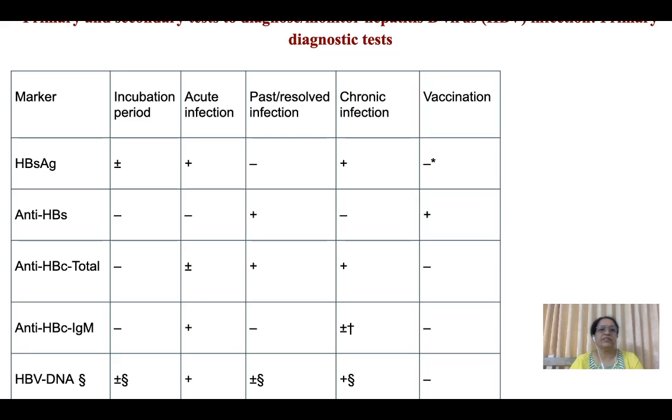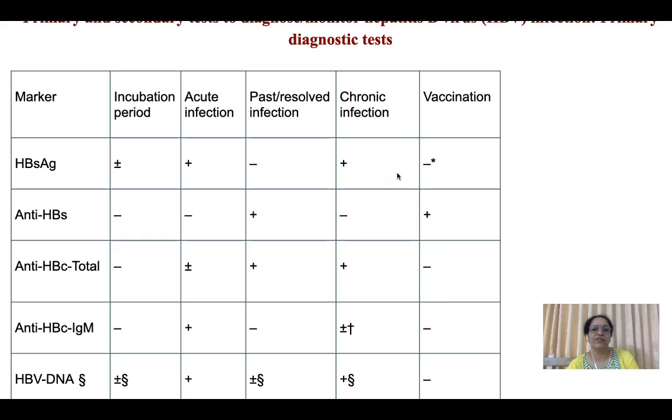Here, based on this table, you can see, based on incubation period, the presence of surface antigen in the patient's blood. So either they are present in early stages or may be absent depending upon viral load. During acute infection, they are definitely present, but as antibodies develop in past or resolved infection, they are absent. In case of a chronic infection, up to 6 months, they are present in the patient's blood.